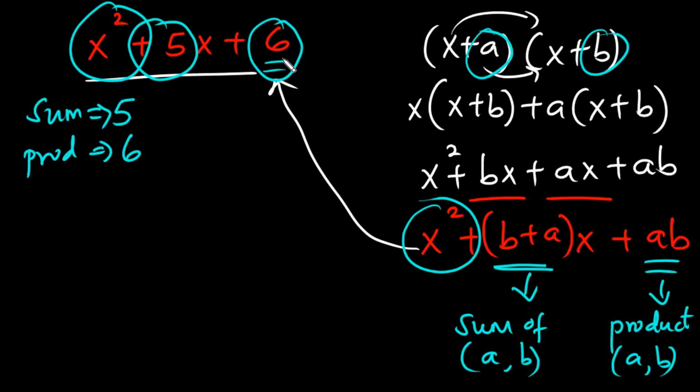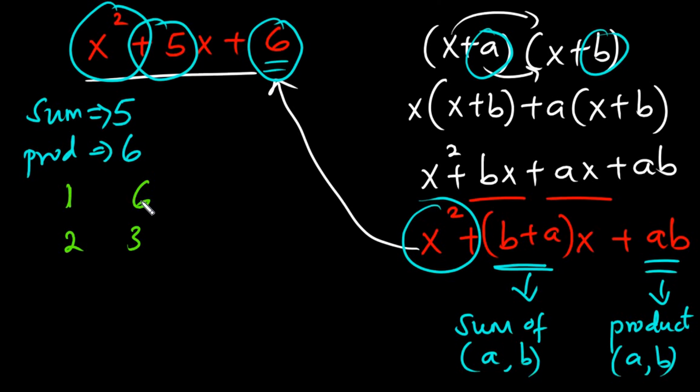First we write the factors of 6, the two numbers that you can multiply to get 6. One of them is 1 and 6. Then 2 and 3. I believe we are done.